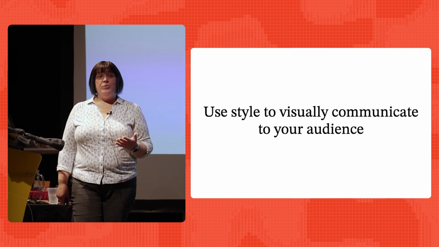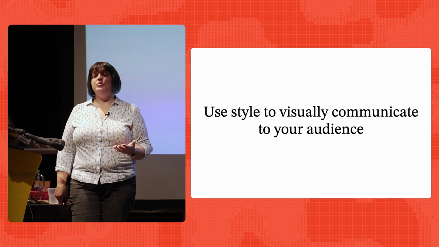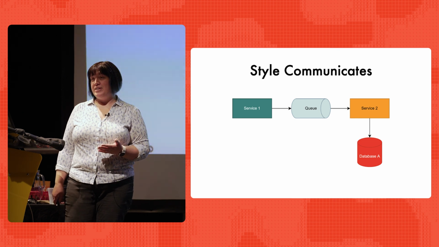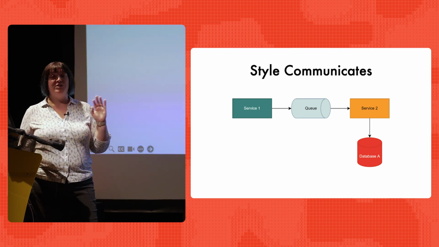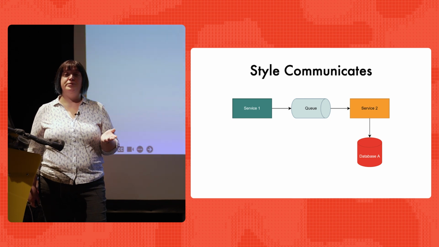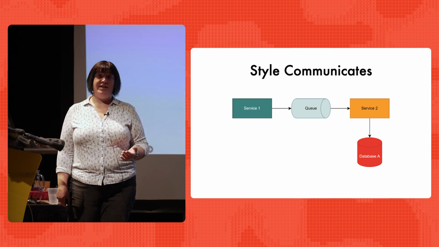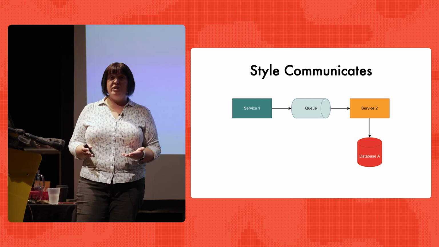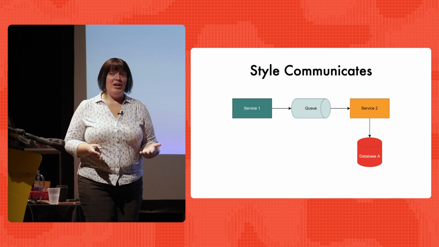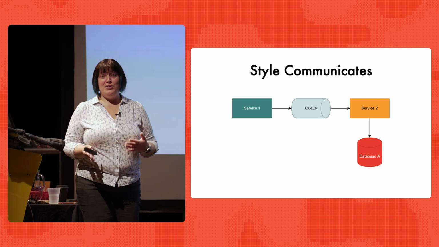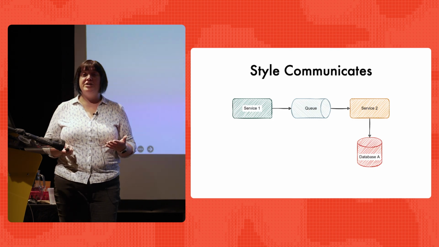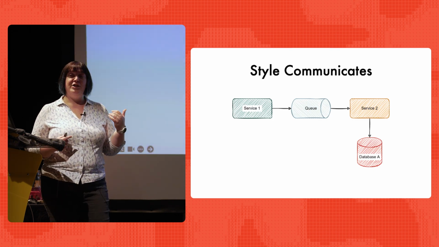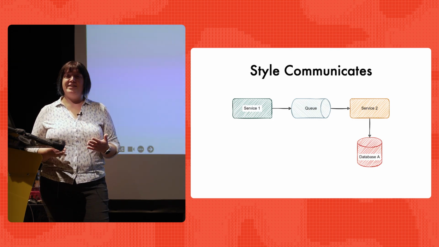But what we can do with style is use it to visually communicate to people. If you show this sort of style diagram to stakeholders at the beginning of a project, you might get the question, oh great, when do we start testing? But actually you haven't even implemented anything yet. You haven't even done a proof of concept. But if you showed them this sort of style, you might not get that misunderstanding.